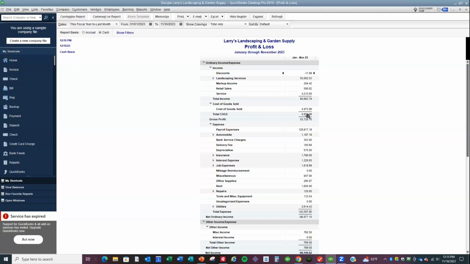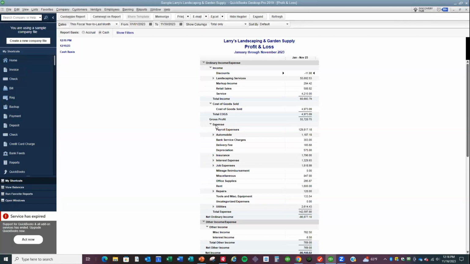There are usually resources out there for your particular type of business where you can see what is a viable gross profit margin. And if your numbers are accurate, you can see how you fare in that. Your gross profit margin would basically be the percentage of this 55,000 to the 60,000, which is a very, very high profit margin in this case.